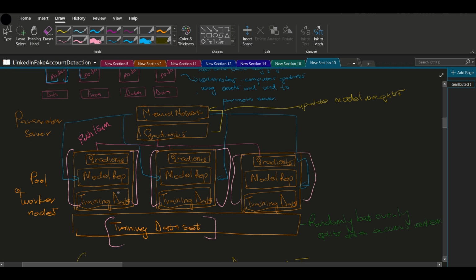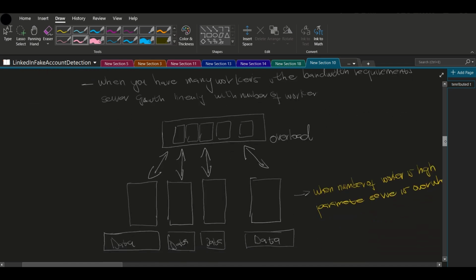And it pushes the gradients to the parameter server. The parameter server has to update the weights. Then it pushes the changes back to the worker nodes, and this continues on and on.